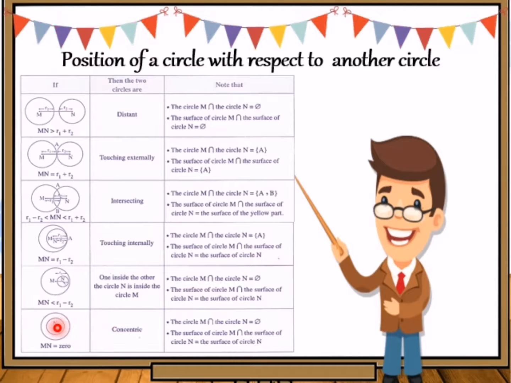The center of M is the center of N. In this case, the intersection between M and N equals phi, but the intersection between the surfaces of the circles equals the surface of the internal circle N.